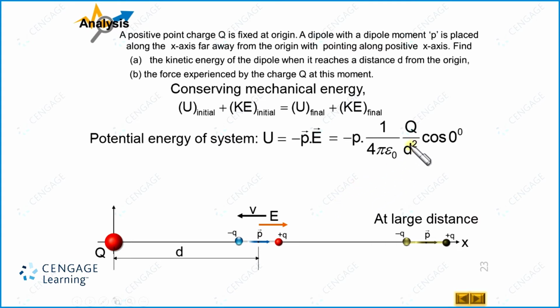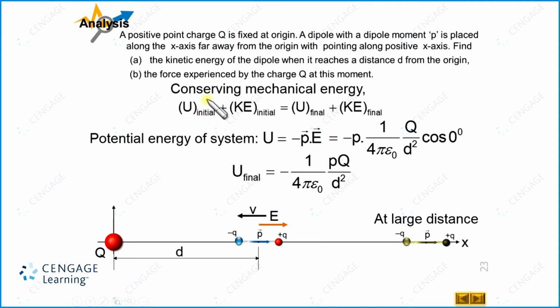Now we can further rearrange. We can now write U final equal to minus 1 upon 4 pi epsilon naught PQ divided by d square. This is the final potential energy. Now let us substitute the values.